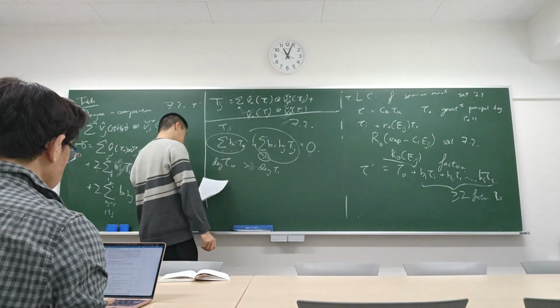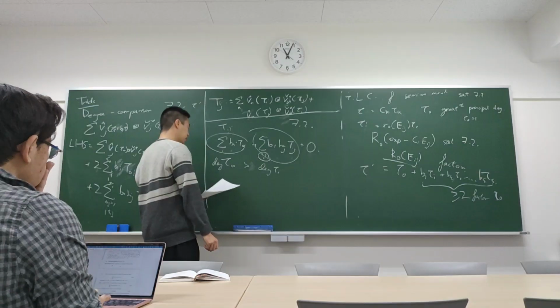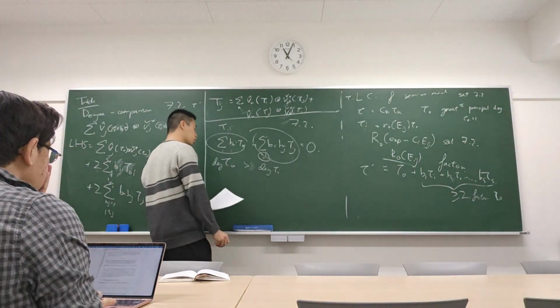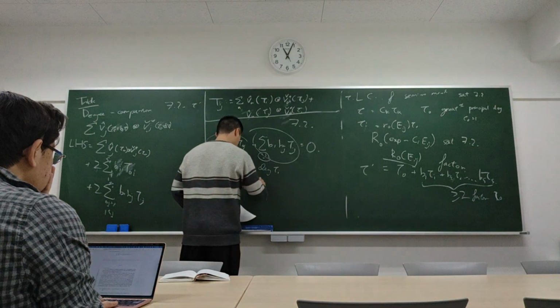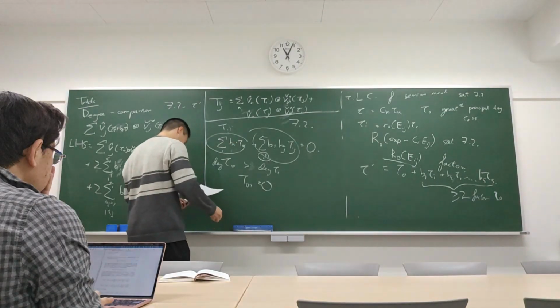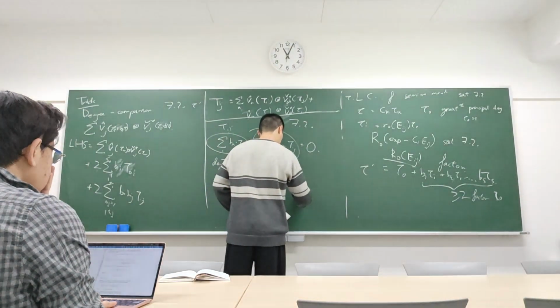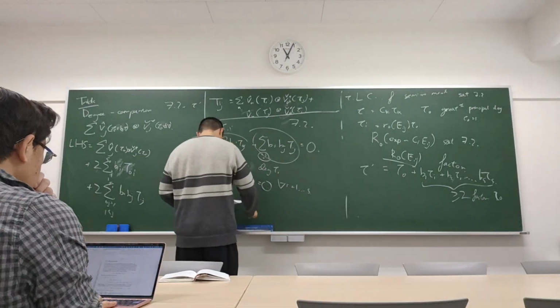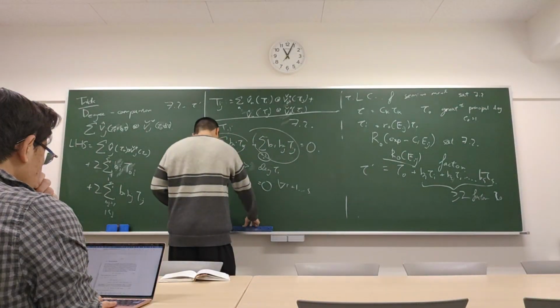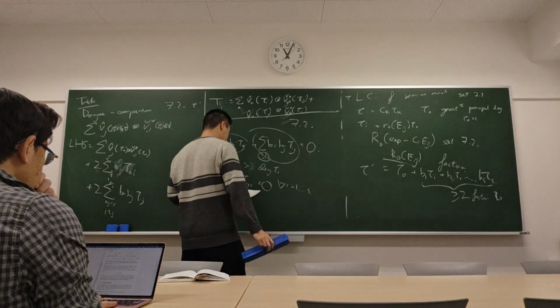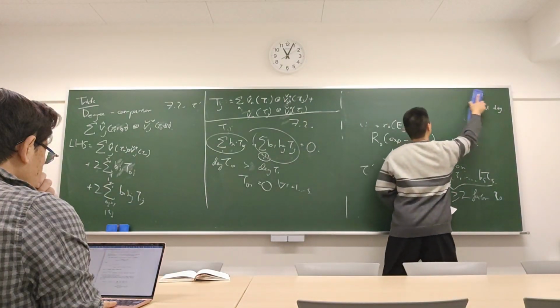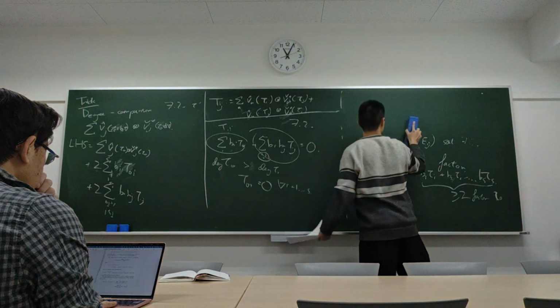Furthermore, these tau_0i are linearly independent, and so each of them must be equal to 0. This is for all i, all the way to s. And so let's look at the first sum. Look at this sum here.